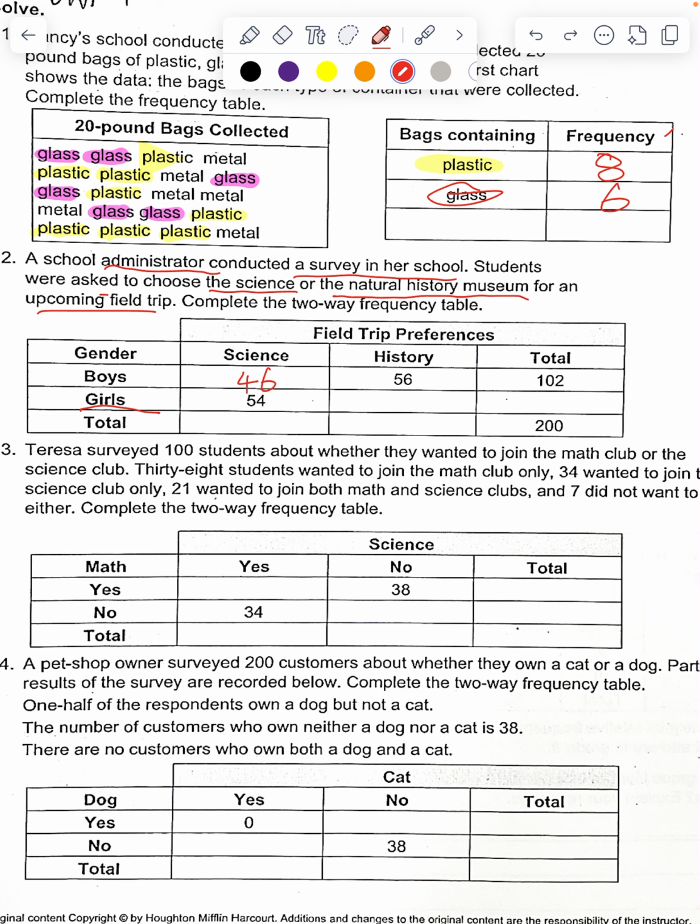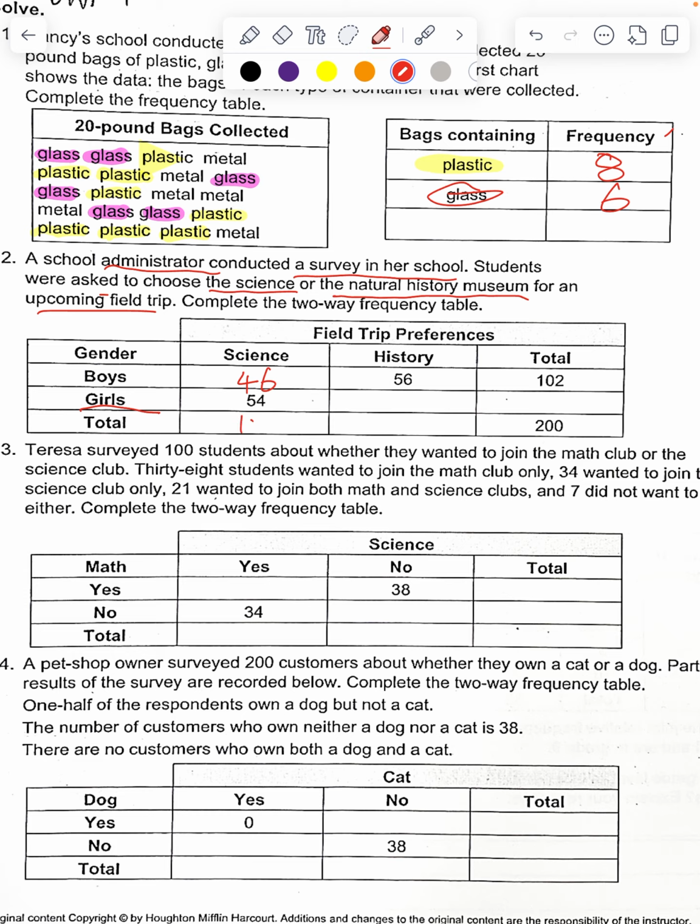But look at the first column. I need to put the total number for this column. So all I need to do is add these two numbers and put the total here. Okay, 46 plus 54 equals 100.